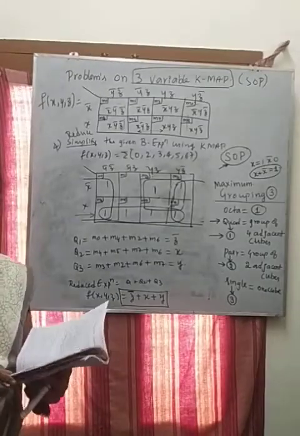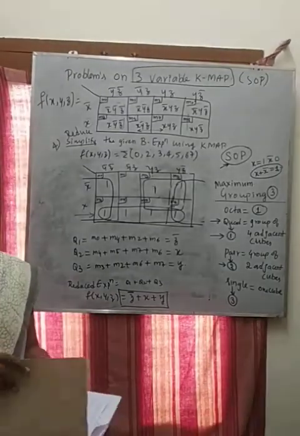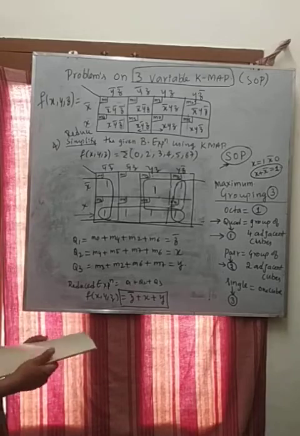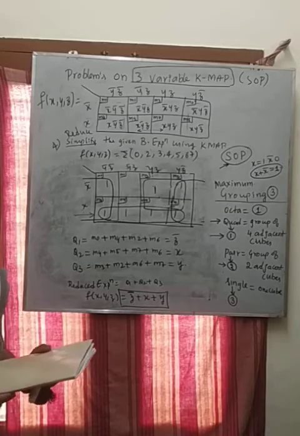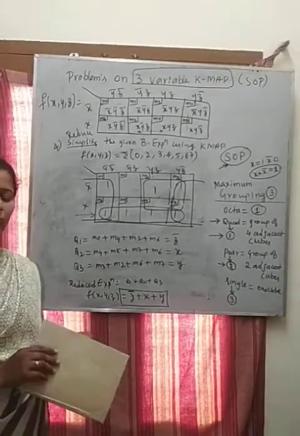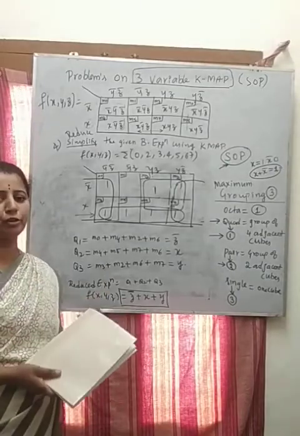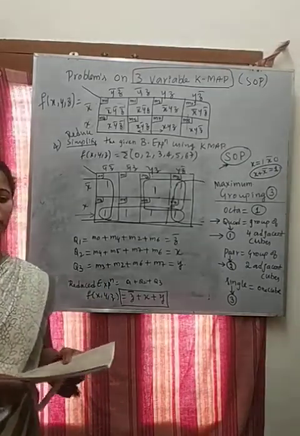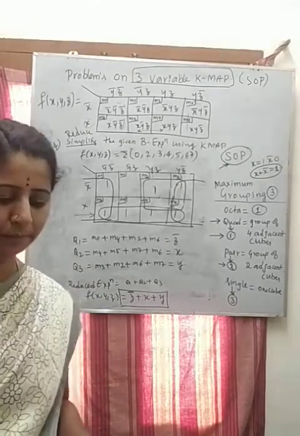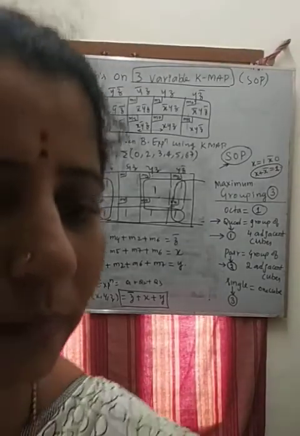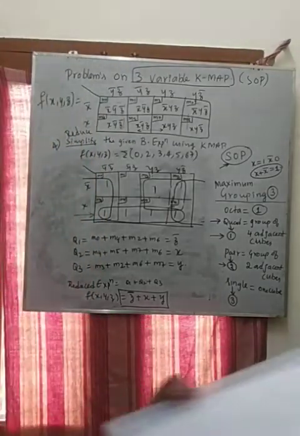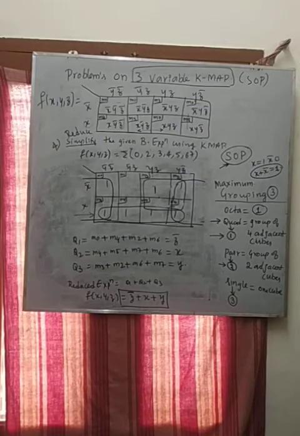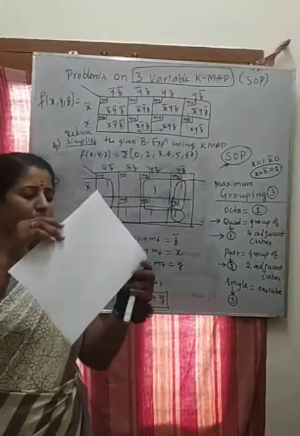Then we'll do the 4 variable map in the next class. So I need one craft to be done over here. Take a plain white sheet. All of you take a plain white sheet.